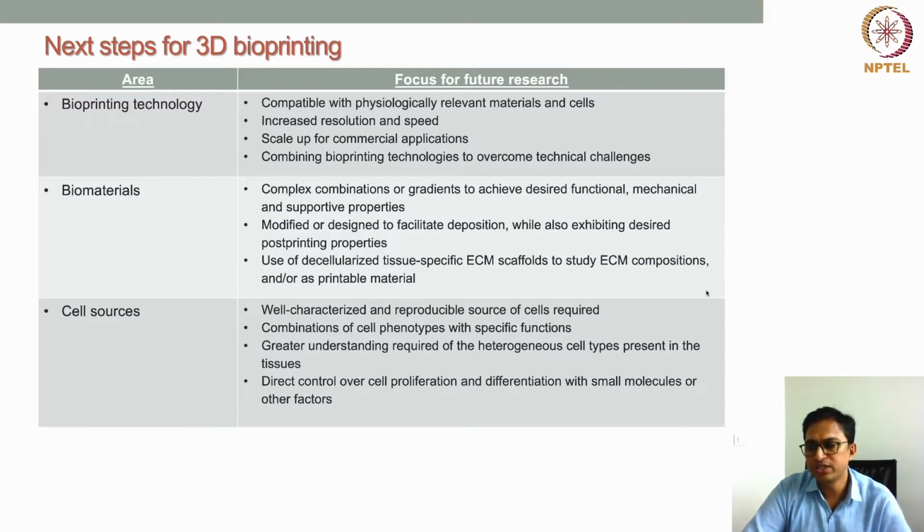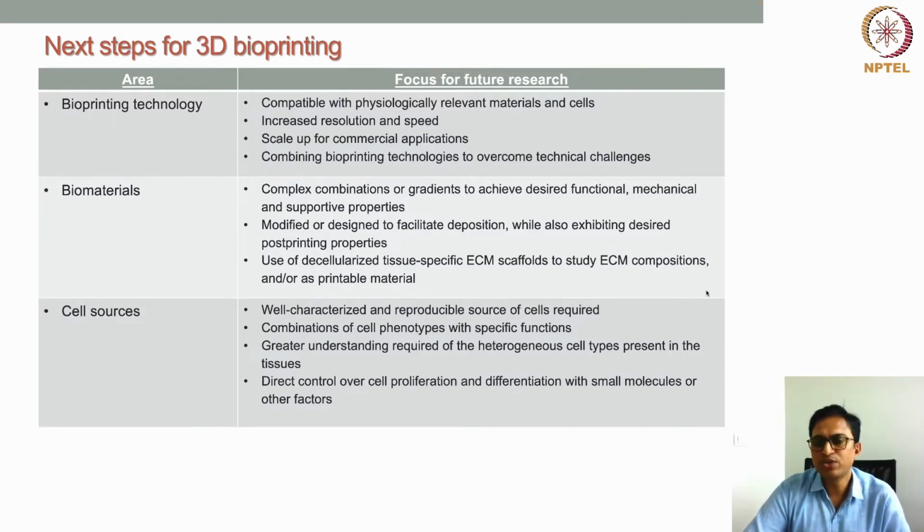We have not covered all of them because there is a time limitation, so we have not gone into the details of printing different tissue and organ structures. But I have given some hints about printing of at least kidney, heart, liver, musculature, cornea, and other tissues. Then we also discussed novel techniques like 4D bioprinting and in situ bioprinting.